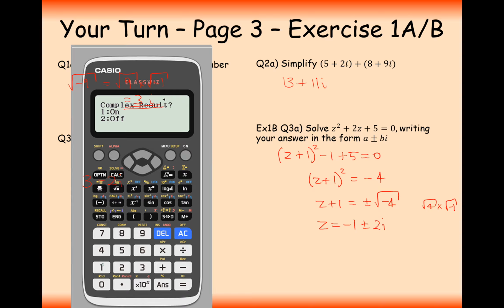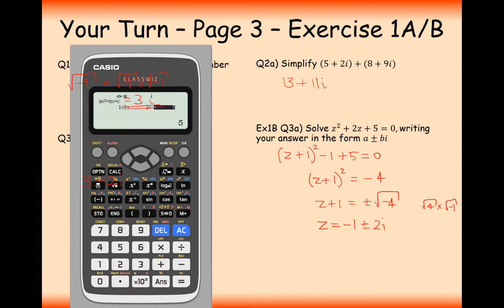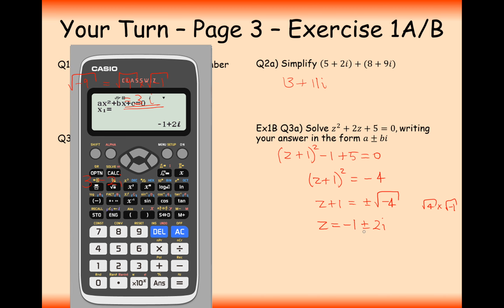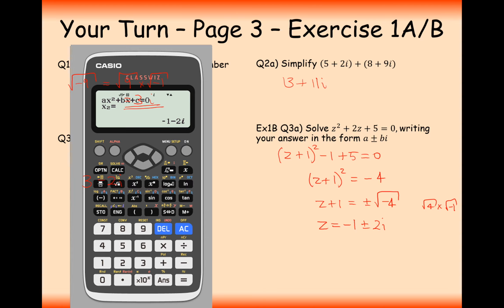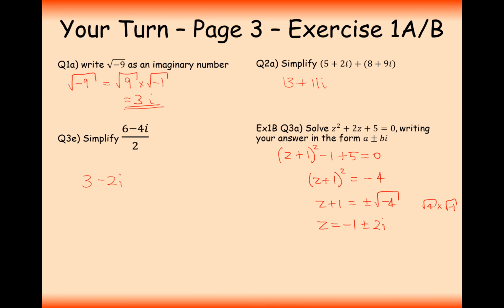So hit option number 1, so you want complex results on, and then solve your quadratic equation. You want 1 in the x squared position, 2 in the x position, and 5 on the end. It doesn't matter that they're x's or z's really. Press enter and you'll get minus 1 plus 2i and minus 1 minus 2i, just like we've got here. Well, minus 1 plus or minus 2i.